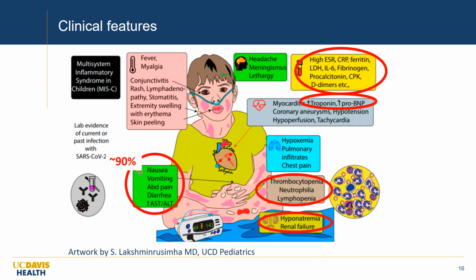Additionally, a lot of these children will have elevated troponin and elevated BNP. And the BNP is often in the thousands or tens of thousands, so much higher than we've seen in other inflammatory syndromes. Other labs that we often see include thrombocytopenia, neutrophilia, so they tend to have a neutrophil predominance, and then lymphopenia. And finally, some of these patients do have hyponatremia, as well as evidence of acute renal insufficiency.